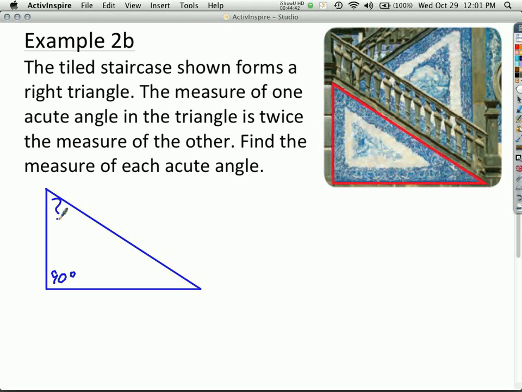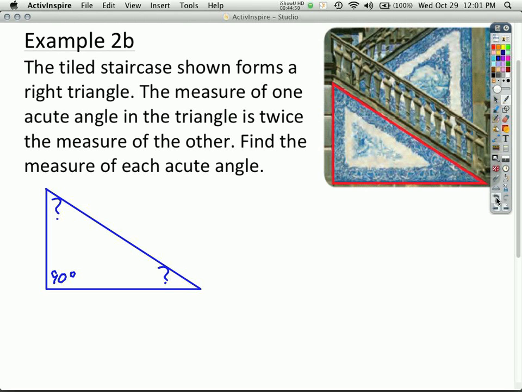But we don't know this and we don't know this. We don't know if they're the same or what, but we have some information in the question. It says the measure of one angle is twice the measure of the other. So what can we fill in for the 2 missing angles to help us? What can we fill in? Zumar?